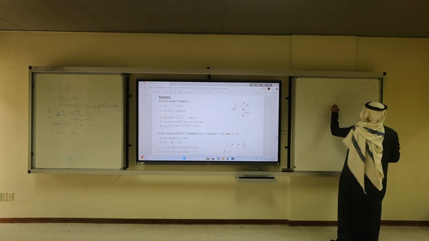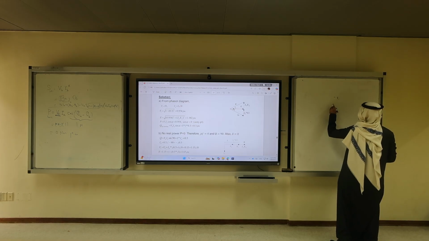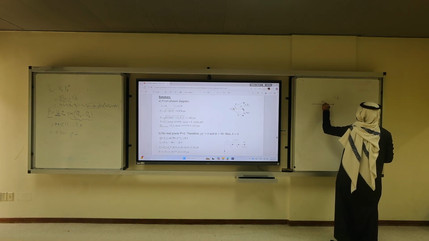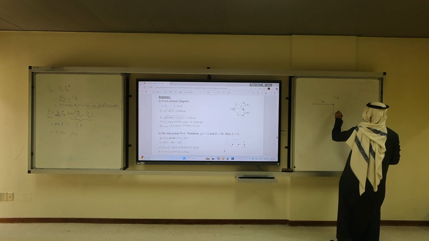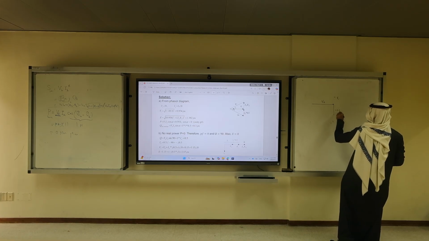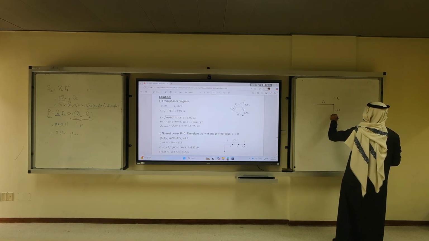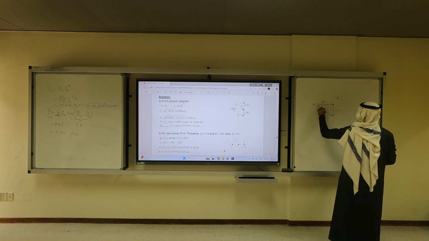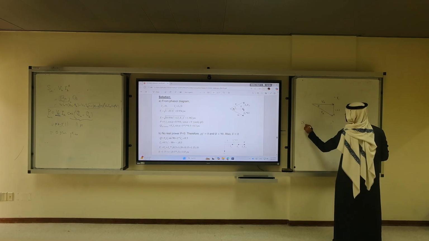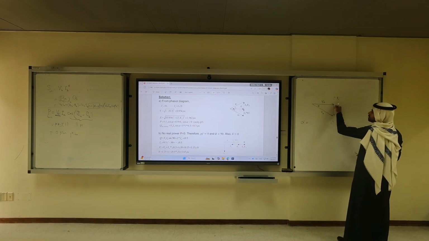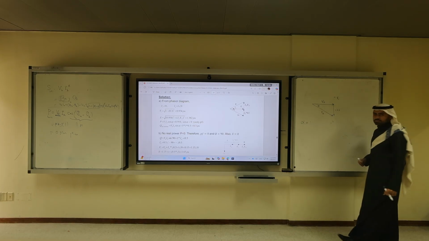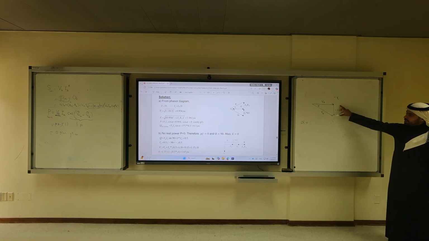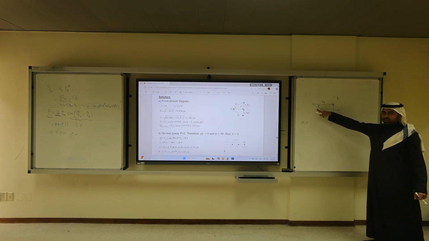Let's do it this way. Now what do we have? We have here Vt. This is what? Minus 0.3 downward. And here I have Vb at an angle of alpha. What is alpha? Opposite over hypotenuse, opposite, sine of alpha.